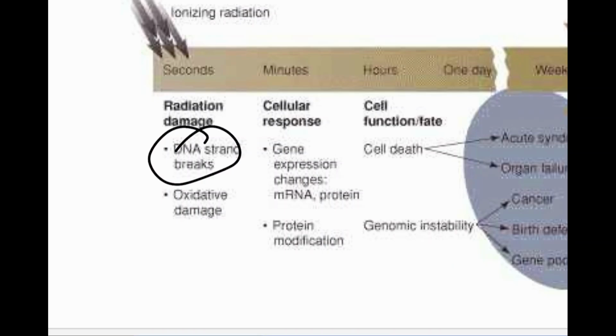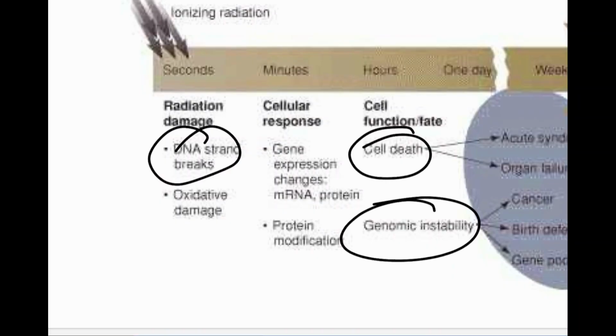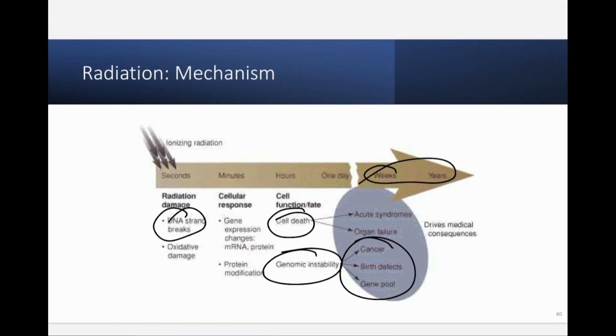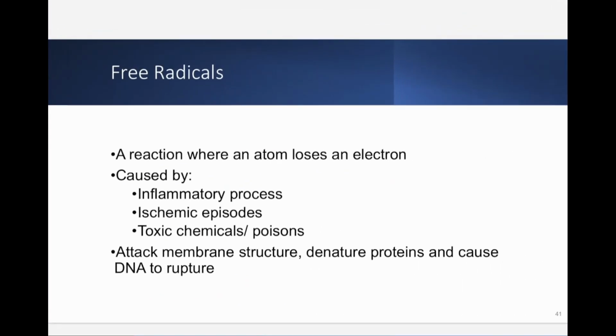Usually over hours, cell death starts happening and genomic instability, and over weeks to years, that's why a lot of them get cancer and birth defects. The gene pool gets messed up because of the radiation, causing mistakes in the way DNA replicates. You don't have to go into great detail with radiation, just understand that it messes up our DNA.